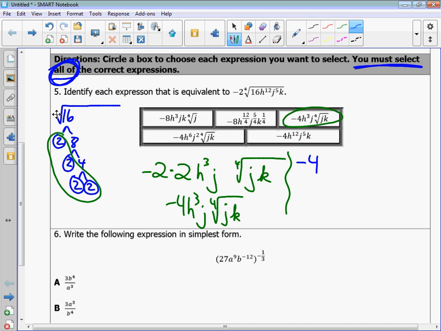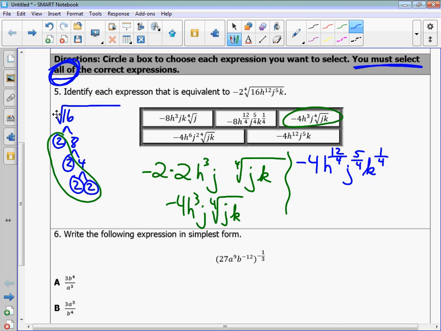And then instead of simplifying the 4th root of h to the 12th, you change it to exponential form. So it's h to the 12/4, and it's j to the 5/4 power, and k is raised to the first power, so it's k to the 1/4 power.